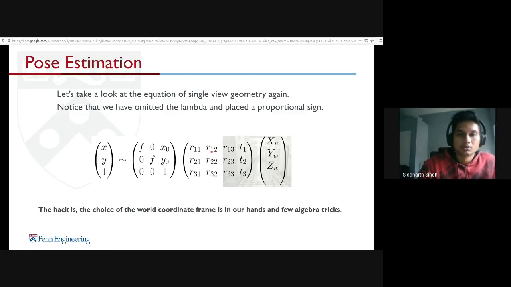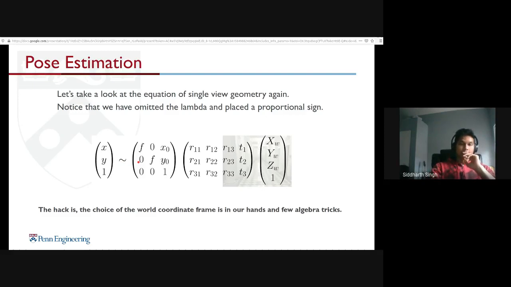Okay, so let's take a look at these equations. Let's just omit the lambda for now because it was a scalar, so more or less it will just scale this entire thing by some amount. It does not give us the accurate, correct R and T, but it will give us a scaled R and T maybe, right? Because it was just a scalar, we can put a proportionality sign here.